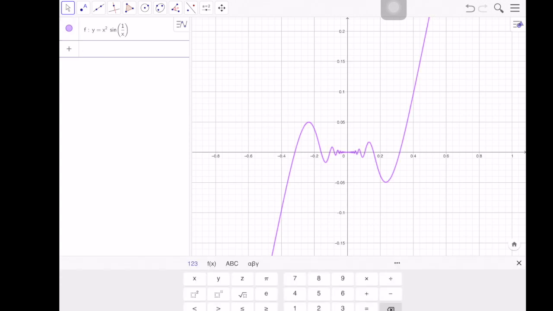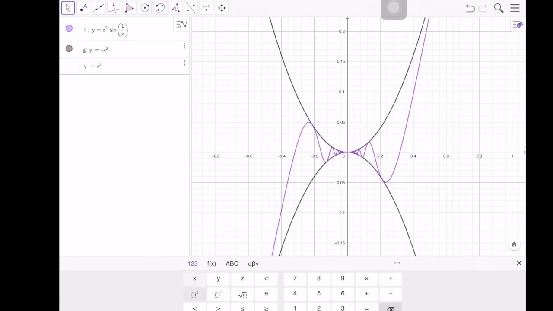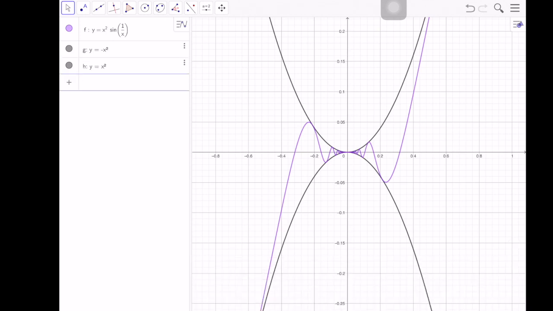Okay, so now let's go ahead and graph y equals -x squared, and then y equals just x squared. And look at that. The limit we were interested in as t approaches 0, in this case x approaches 0 of x squared sine of 1 over x, is completely sandwiched between x squared and -x squared.